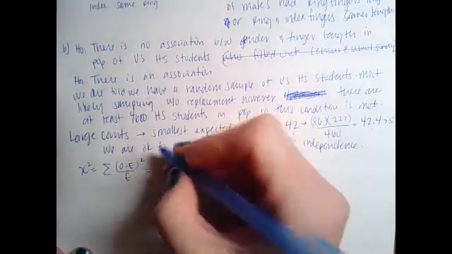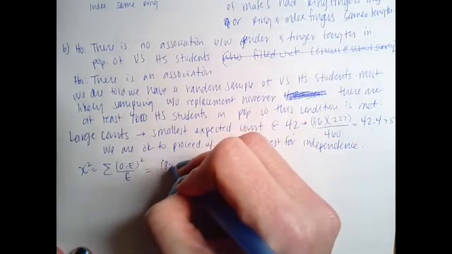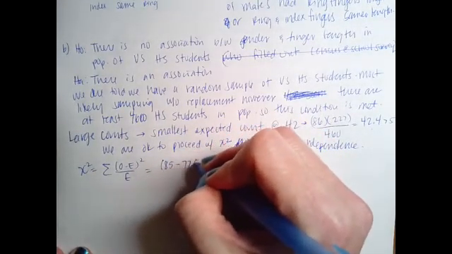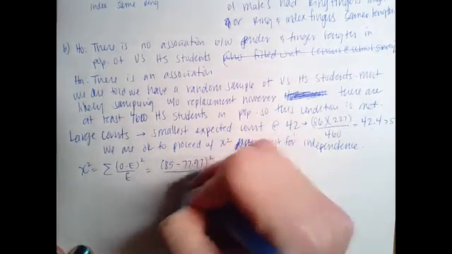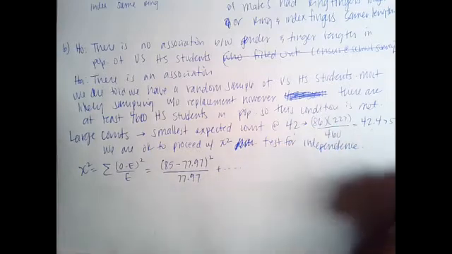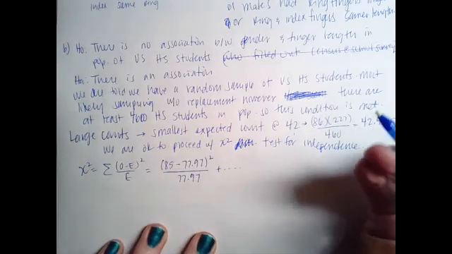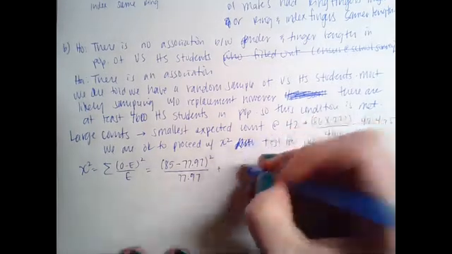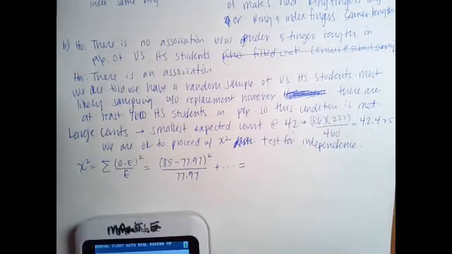So the first cell was 85 minus 77.97 squared all over 77.97 plus dot dot dot. At this point, I would say go to your calculator.